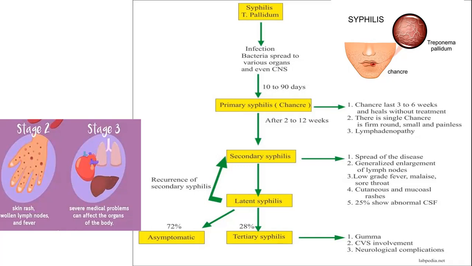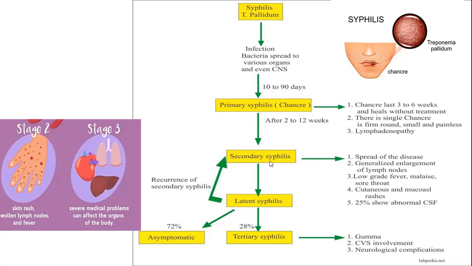That's why secondary syphilis is the most contagious period of syphilis. One manifestation of this stage is a skin rash because of damage to skin vessels. The patient can have fever, malaise, sore throat, and abnormal sweats.